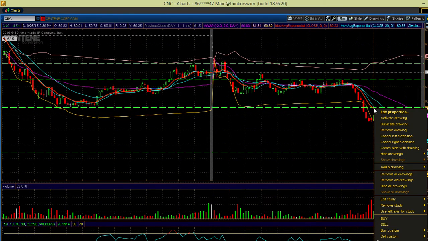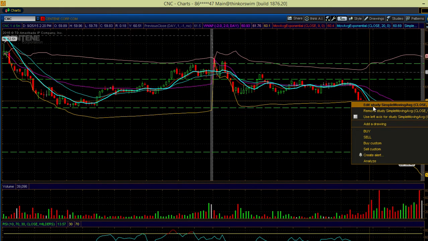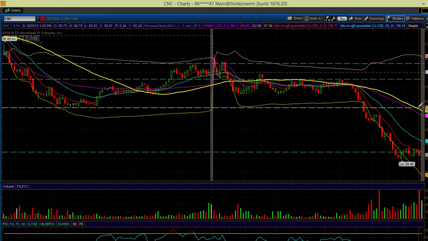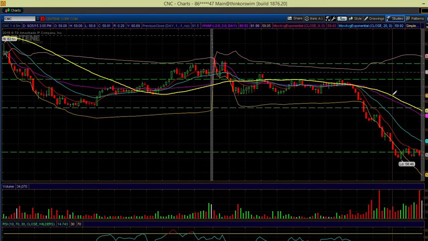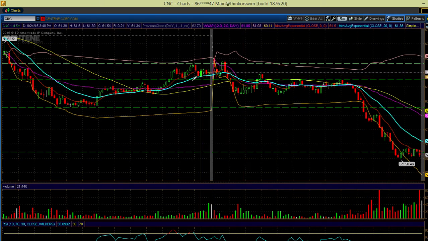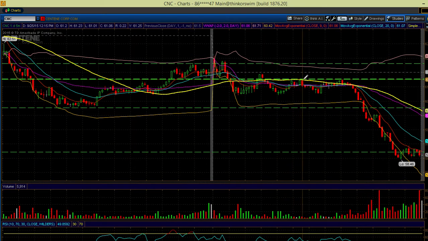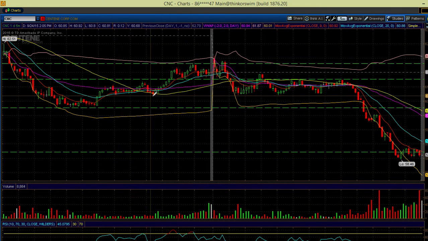Let's see, this is it right here. So the 50 is going to be, edit, it's simple, and then I use the 200. I'll use the 200 moving average too on my daily. The 50 and the 200 I really use on my daily. But you can see at some points that 50 acted as resistance right here, support right here.